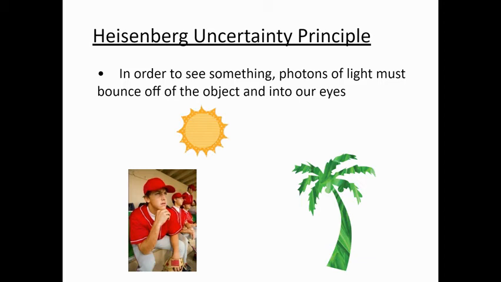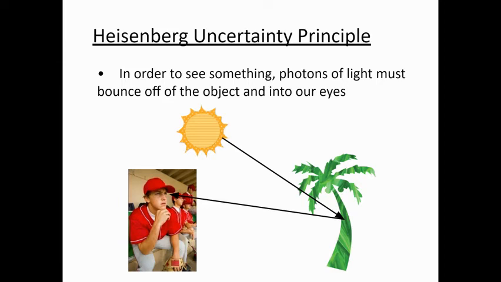He thought that the electrons were behaving like particles. But then he had this revelation that if you want to observe an electron, you have to shine a light on it. In other words, light has to bounce off the electron and into your eye.